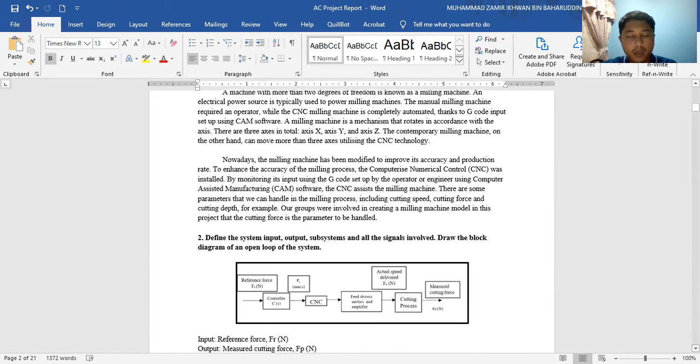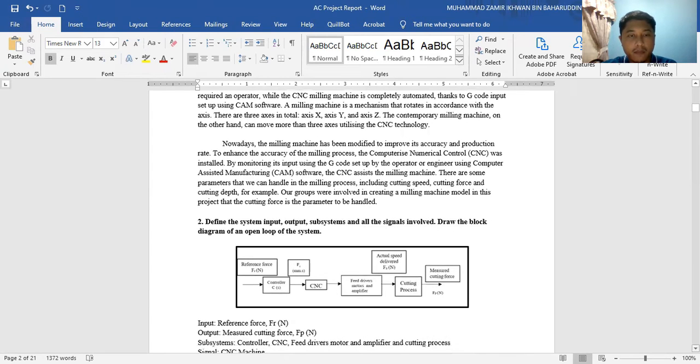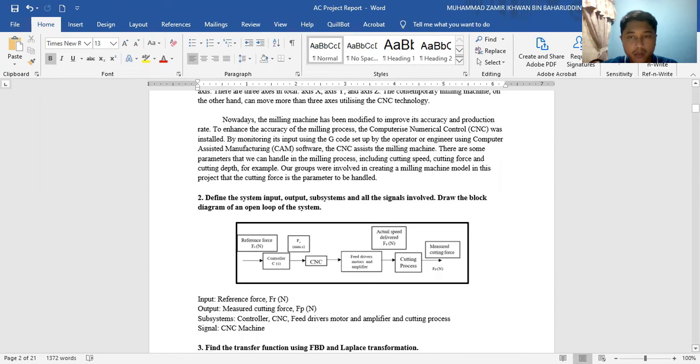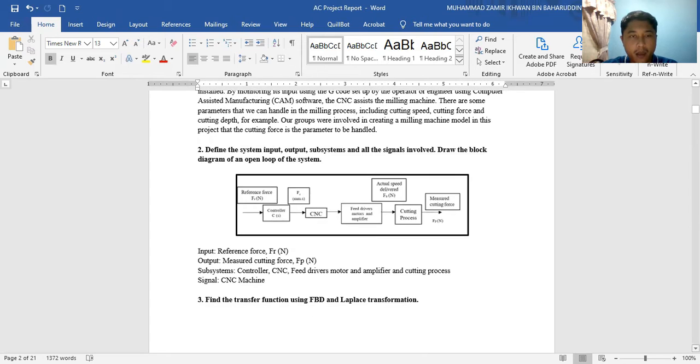Next is to define the system input, output, subsystems, and all the signals involved. This is the block diagram of the open loop of the system. The input is the reference force, FR, in Newtons.